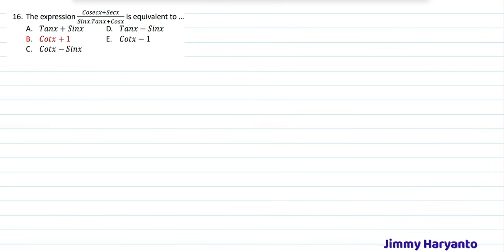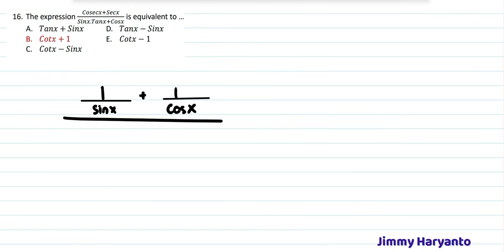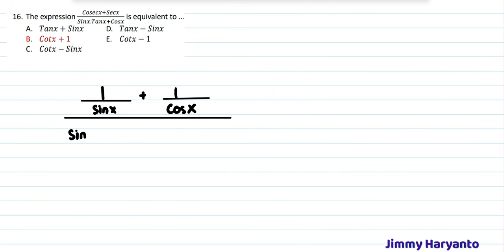Next is 16. For question 16, we have cosecant at the top. I think we can change the cosecant into 1 over sine x to make it easier later, and the second will become 1 over cos x. Yeah, you have to use the formula, and then sine x will still be sine x, tangent x will become sine x over cos x. We have this formula also.